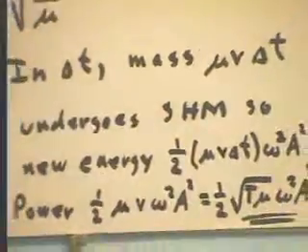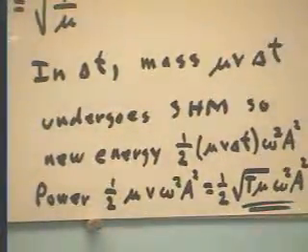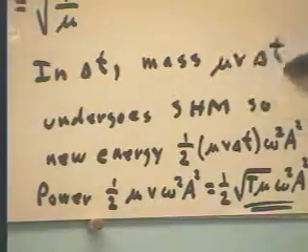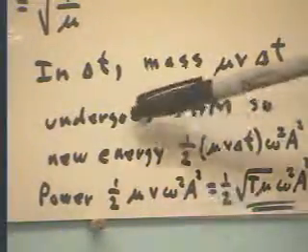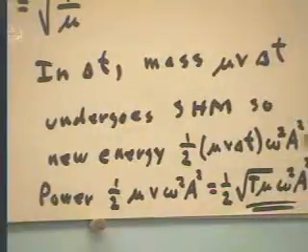In time delta t, the mass mu times distance v delta t, mass per unit length times the length of string that's now involved, is now undergoing simple harmonic motion that wasn't before.